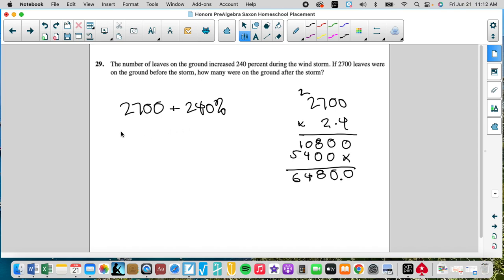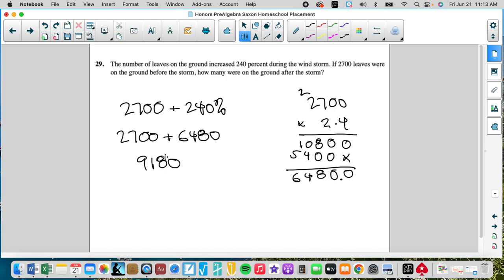So that's going to increase. You started with 2,700, then you're going to add 6,480 more leaves to that. And that's going to give me 9,180 total leaves.